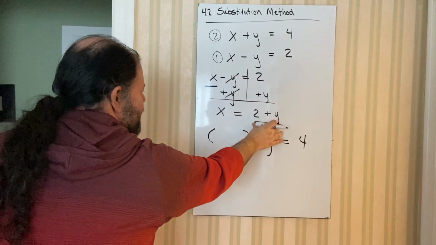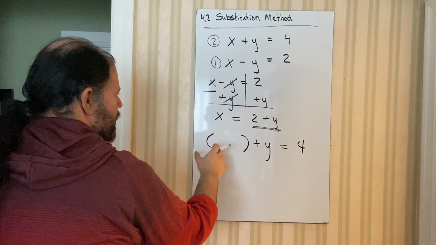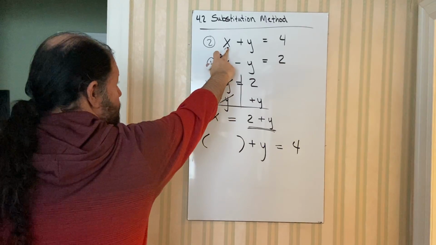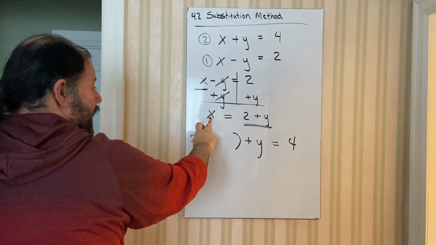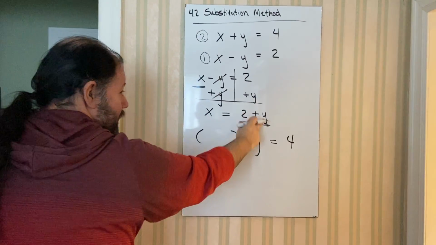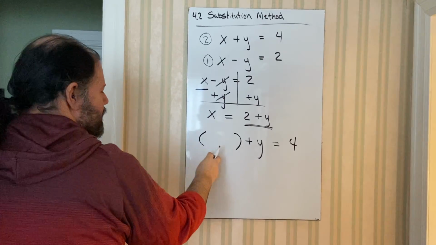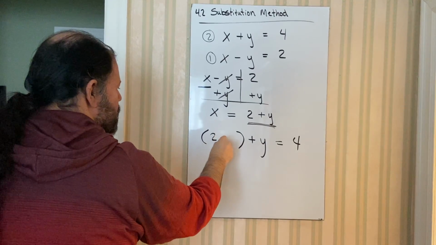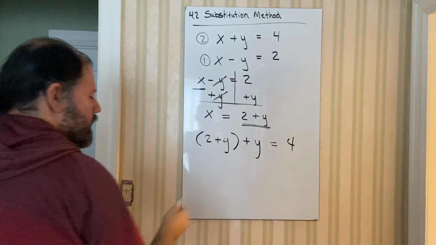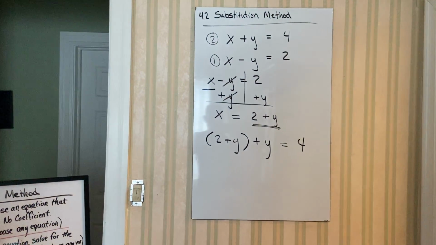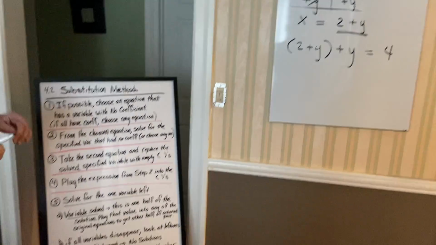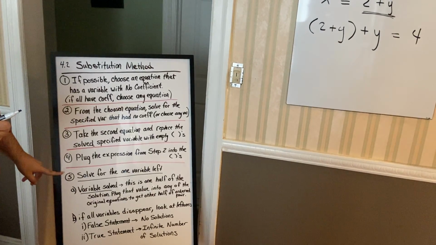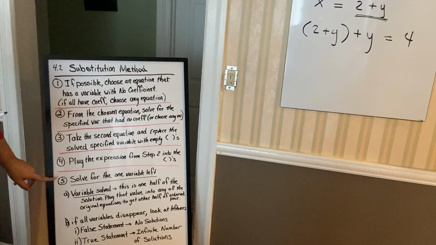So I'm plugging this here. Because we said in our original problem, x plus y, well, if I'm saying x is the same thing as 2 plus y, I'm going to substitute x and call it 2 plus y. Now that I plugged in, substituted, step 5 says solve for the variable.